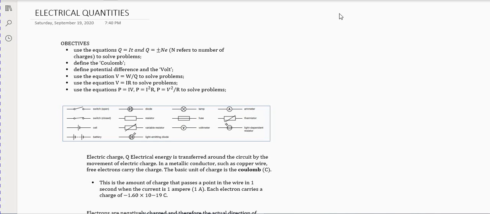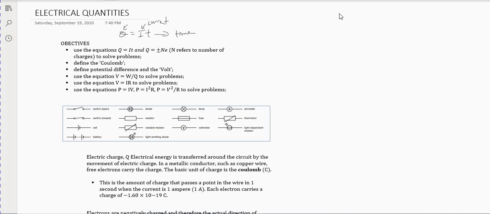So, we want to use the equation Q is equal to I T, where Q stands for charge, I stands for current, and T stands for time.